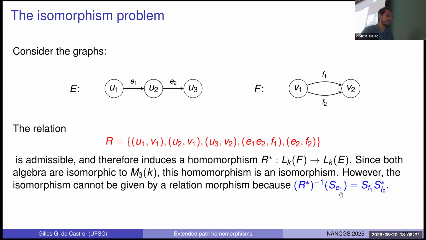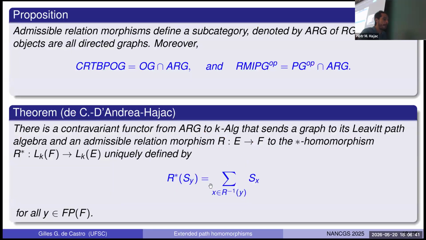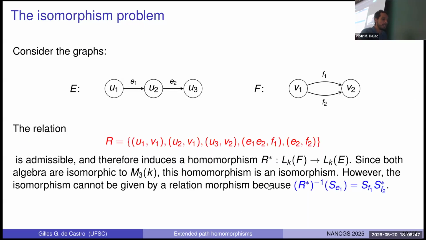So for the inverse of this homomorphism, we need to use stars. And if you go back to the formula of the homomorphism coming from relational morphisms, there are no stars over here. So this inverse cannot be found using a relational morphism.